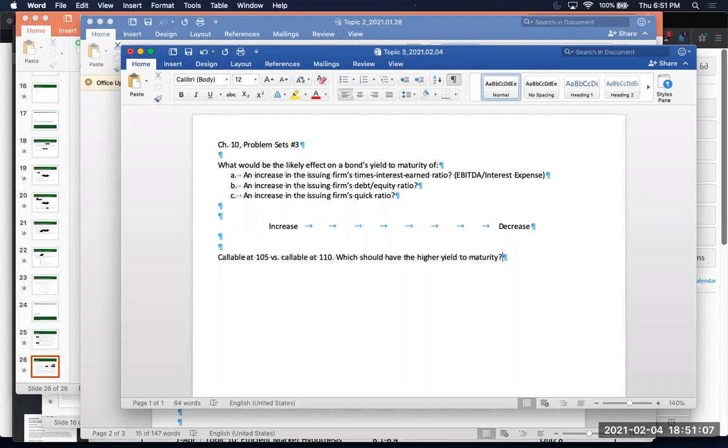This one is a little bit confusing. If I were wording this, I would call it yield to worst. Has anyone come across the phrase yield to worst before?